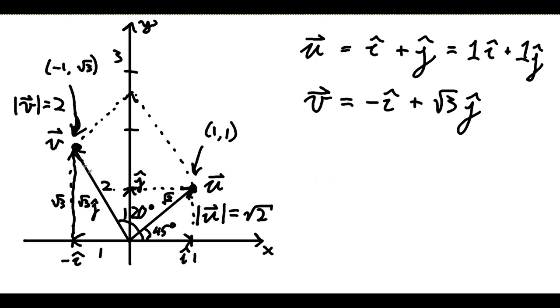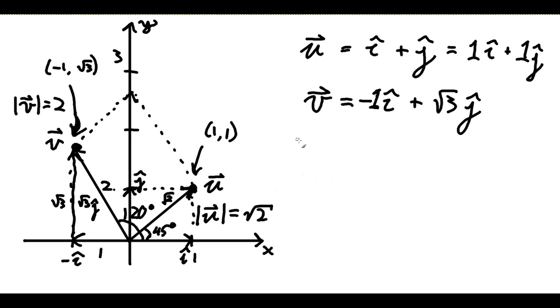This point has coordinates negative 1, radical 3. This point has coordinates 1, 1. And that translates into the coefficients that we have, the scalar multiples in front of i and j. Actually, we can make that a little bit clearer by pointing out that negative i is negative 1 times i. So we have negative 1, radical 3. We have 1, 1.